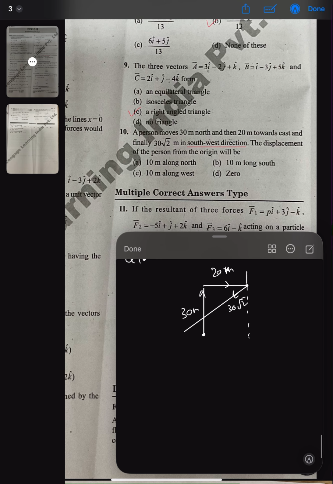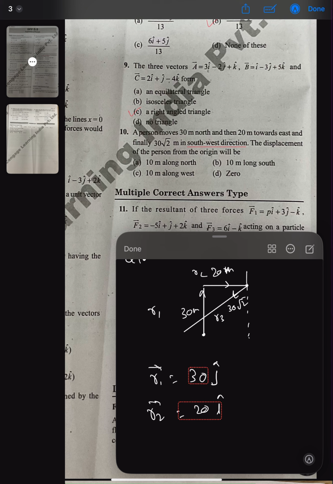We will write all the displacements. Let's say this is R1, this is R2. R1 is 30 j cap. R2 is 20 i cap.